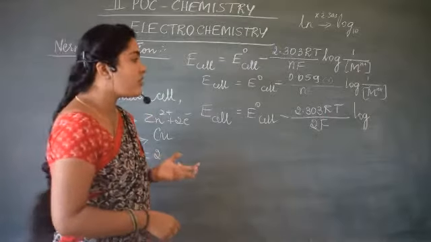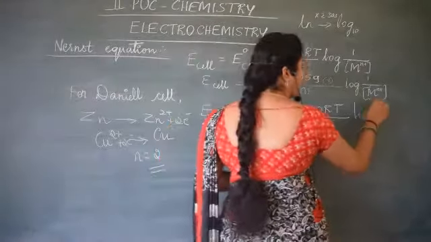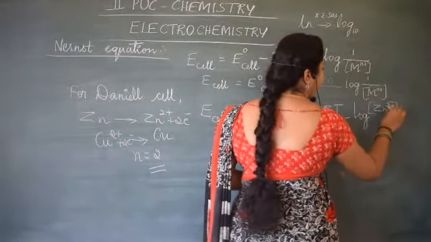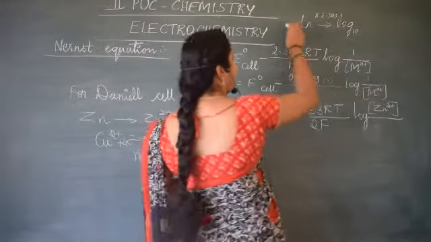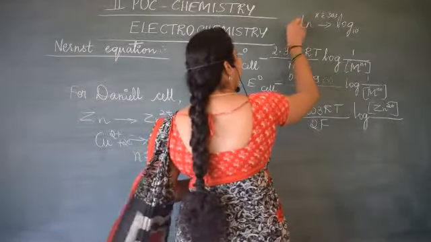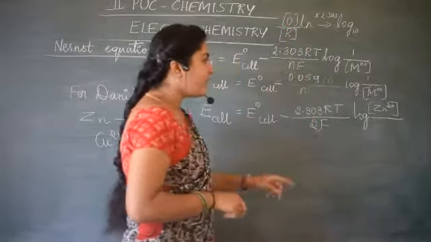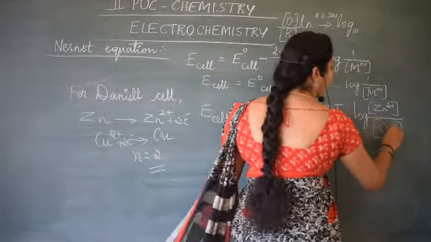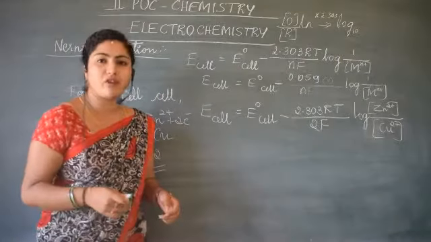Here, which concentration do you write first? Zn2+, the one which undergoes oxidation, then comes reduction. Remember: above you write for oxidation and below for reduction. So first Zn2+ divided by the concentration of Cu2+. This is how you write the Nernst equation for the Daniell cell.